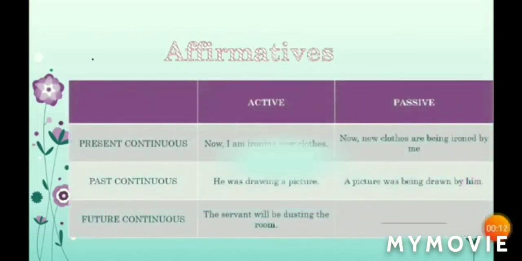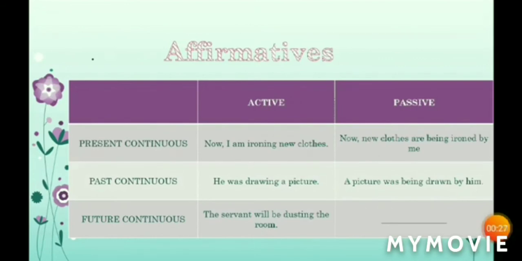Now let's use comparison as a tool to understand the concept clearly. A comparison of affirmative sentences of all continuous tenses. Present continuous, active voice, now I am ironing new clothes. Passive voice, now new clothes are being ironed by me.